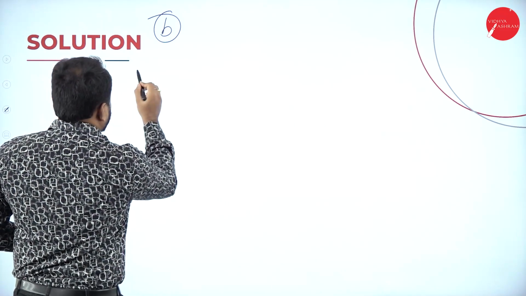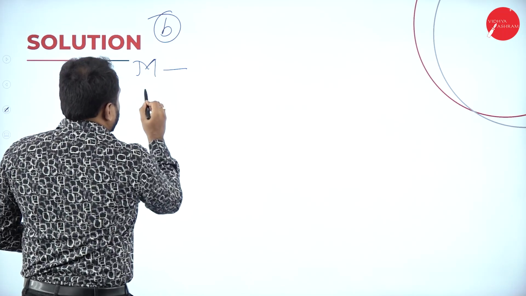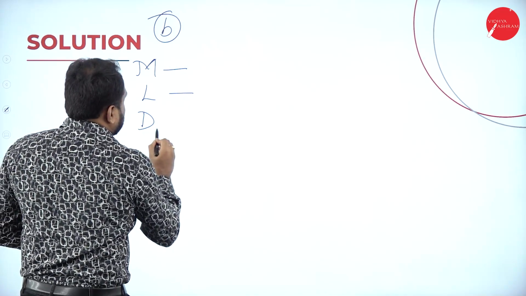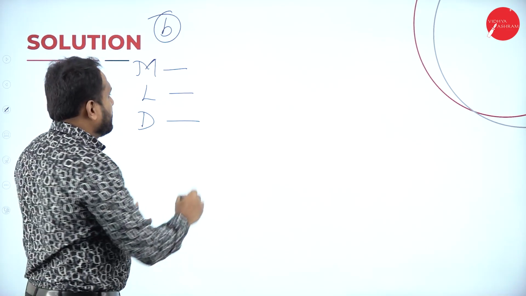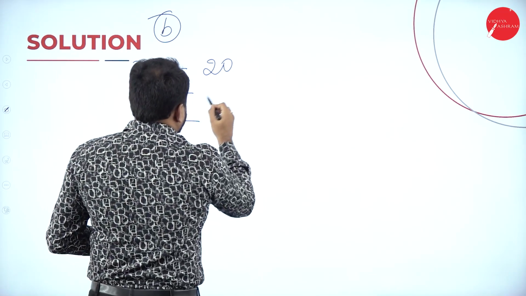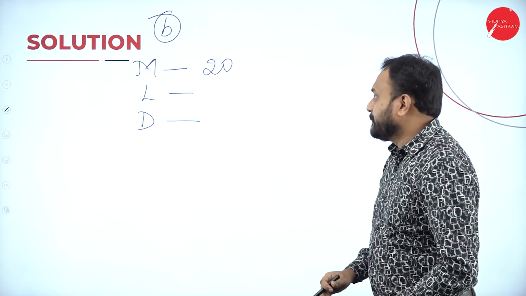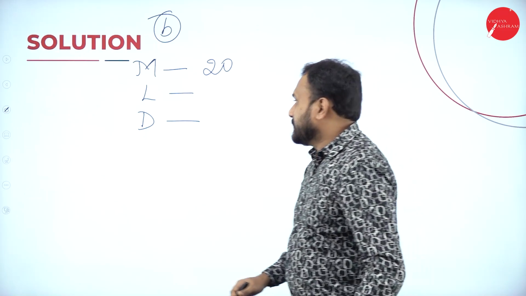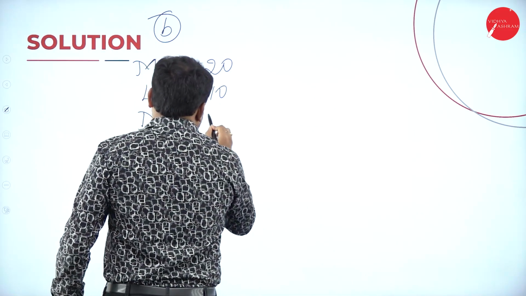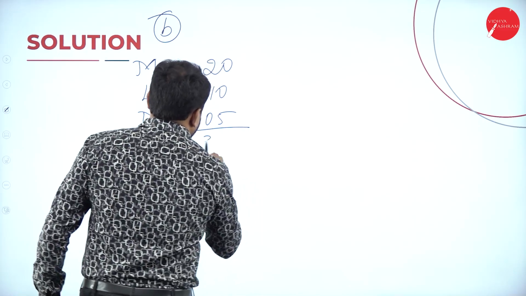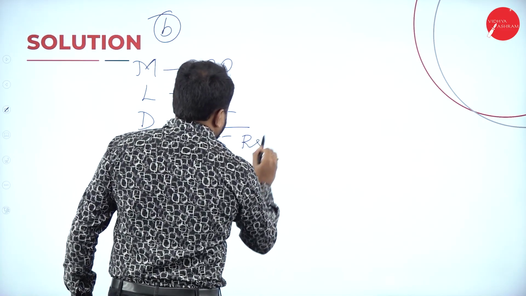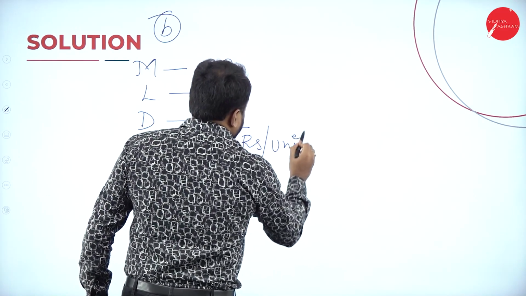So here again you will write material, labor, direct expenses. Material is 20. Labor, what exactly is your labor? Please check your questions properly. Labor is 10 and direct expenses is 5. So it is a total of 35 rupees per unit.